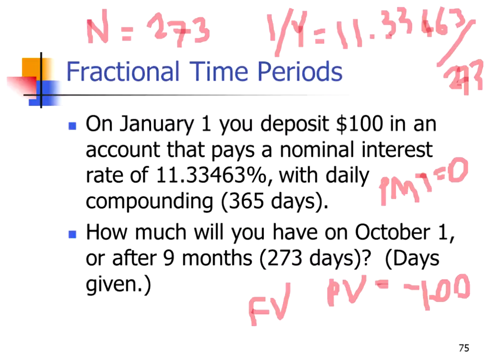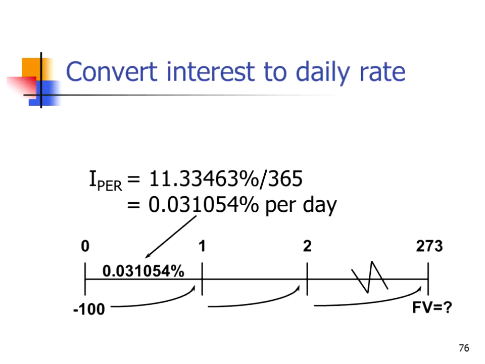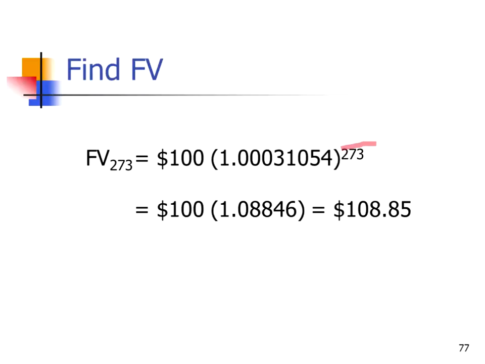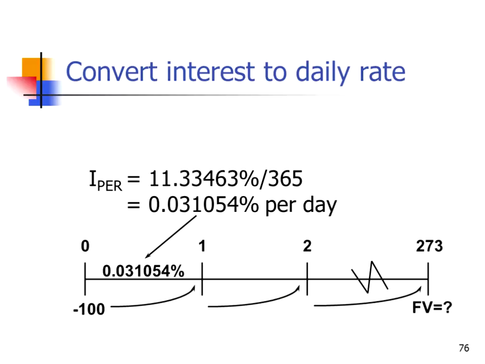Let me try again. 11.33463% divided by 273. So it should be 0.000415. Why is that? No, this is correct.